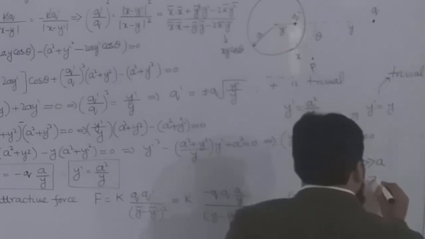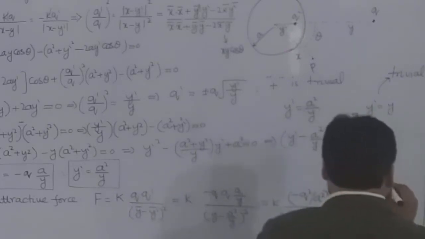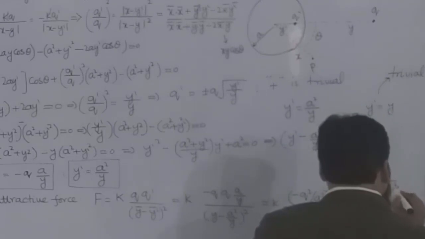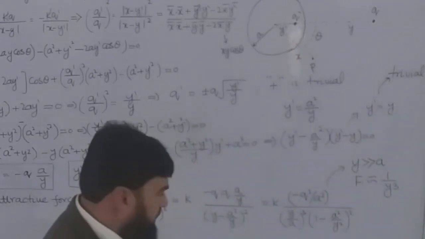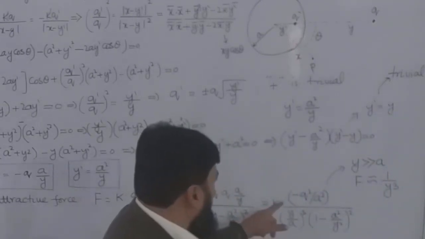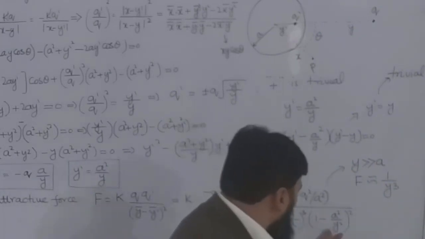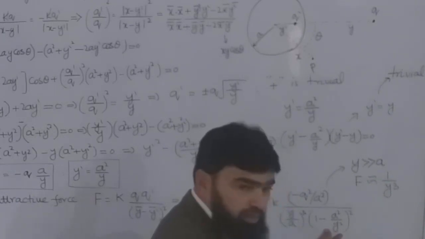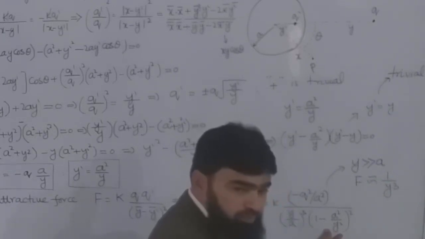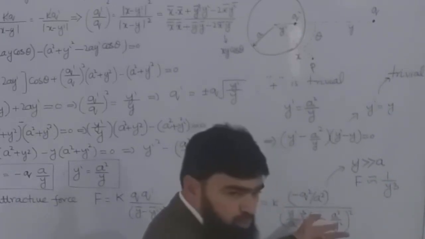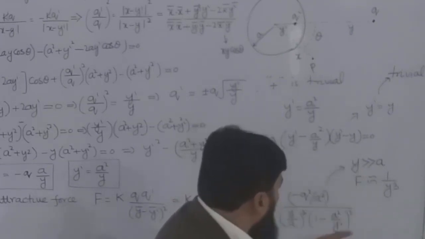And now look here, that when y will be very, very greater than a, then f will be approximately 1 over y cube. Let's see. When y is very, very greater than a, then what this one will become? This is the opposite of it, means y is huge.